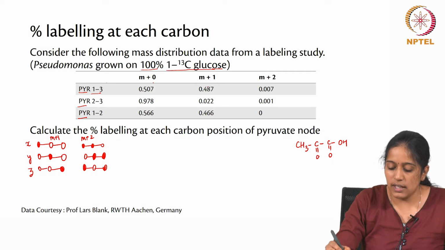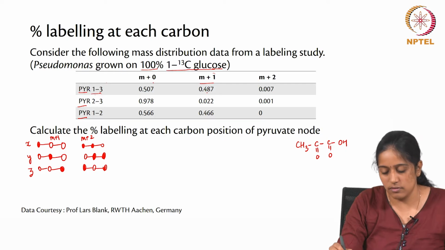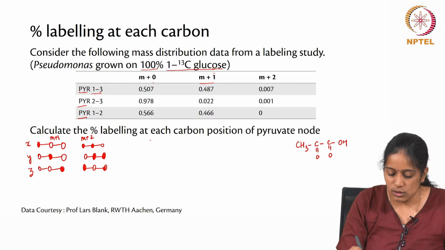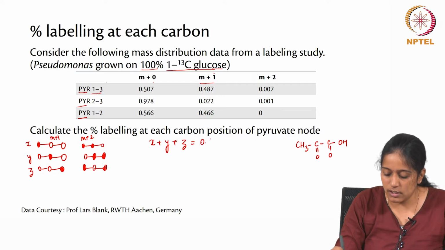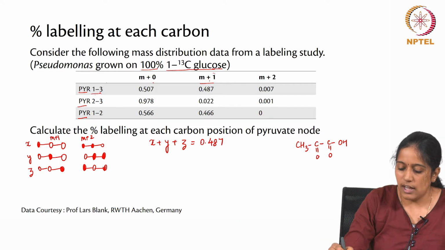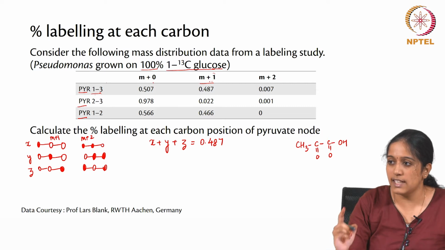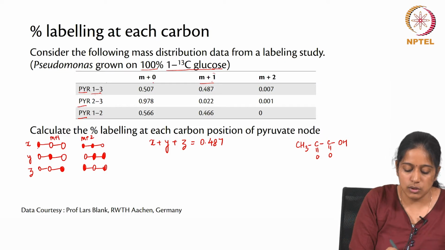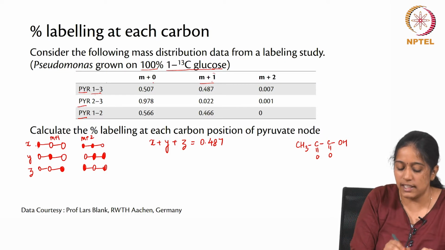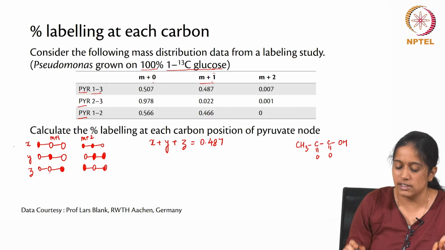If you look at this data at M+1, pyruvate from 1 to 3 has a mass distribution of 0.487. So, I write a simple algebraic equation: X + Y + Z is 0.487. This is because M+1 is the fragment which has one carbon labeled. Here X is the fragment where the first position is labeled, Y is this and Z is this.